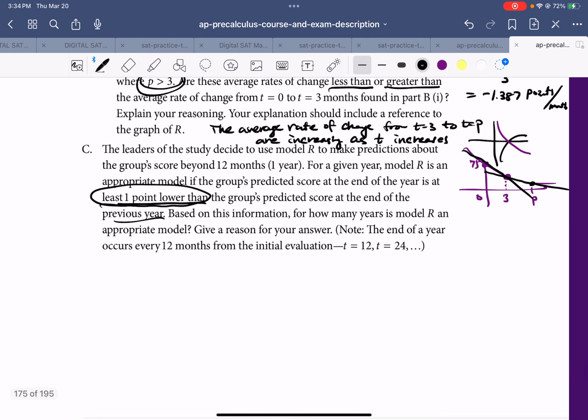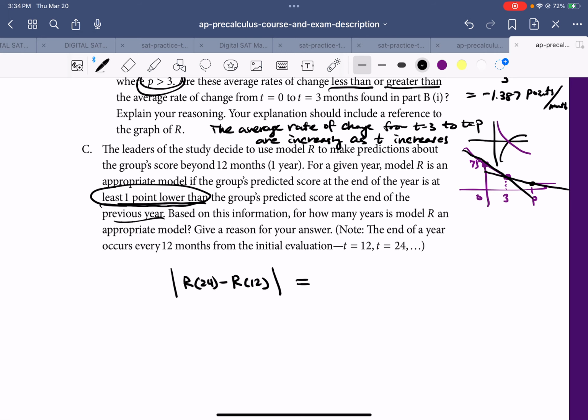So what you need to find is the first 12 months, and then the second year's 24 months. So R of 24 minus R of 12, checking whether the second year is still valid, in absolute value.